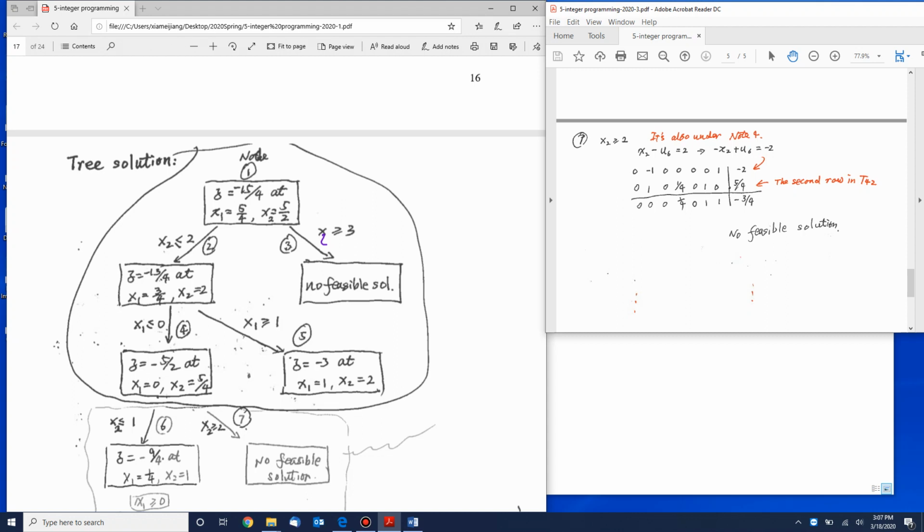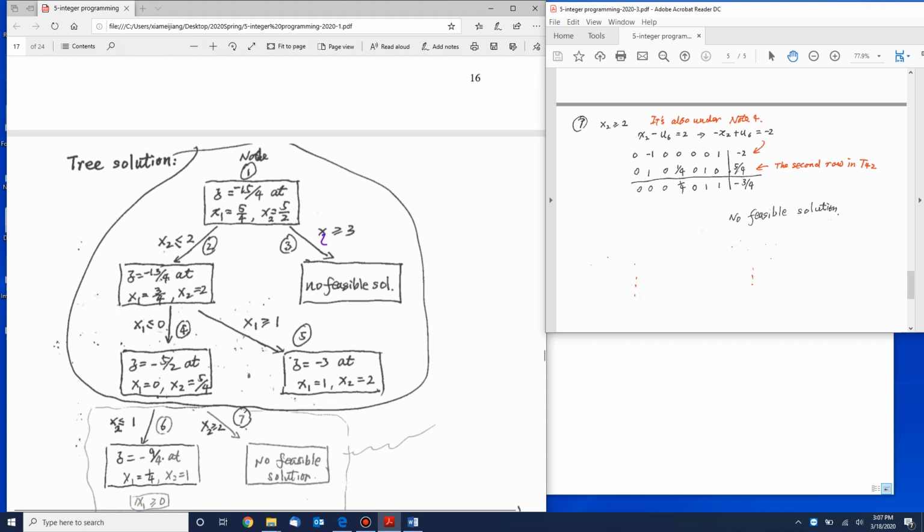So in this way, if you bring this constraint into the top row of T4, for T42, you could see that we can't reinstall the feasibility. So this one, no feasible solution. Actually, we do not need to work on the node 6 and node 7.